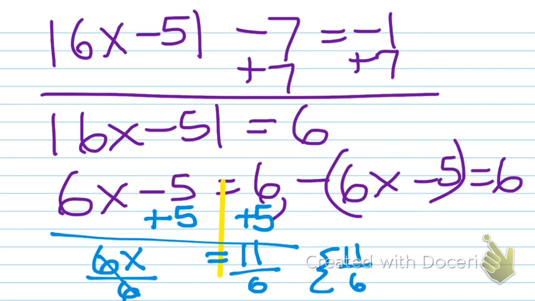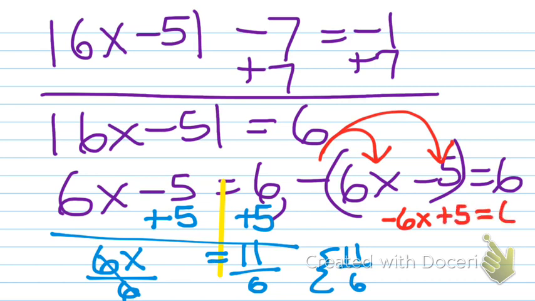Okay, now for the second equation, we must distribute the negative and then get x by itself. When we distribute a negative, all a negative will do is switch the signs. So the positive 6x will turn negative, and the negative 5 will turn positive, and we still have equals 6.